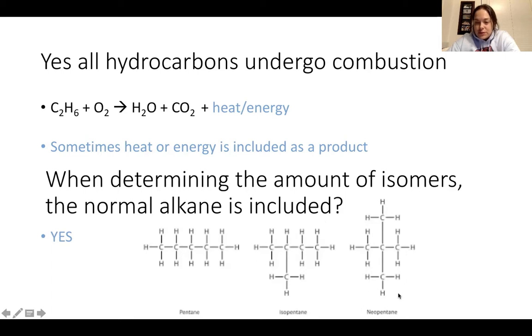And this is also C5H12. But notice they're put together differently. So these are what we call isomers, okay? They're just stuck together differently. So if we want to know how many isomers have the chemical formula C5H12, we would say 1, 2, 3. I'm assuming what you mean by normal alkane is pentane, so the straight chain alkane. Yeah, we would include that as one of the isomers.